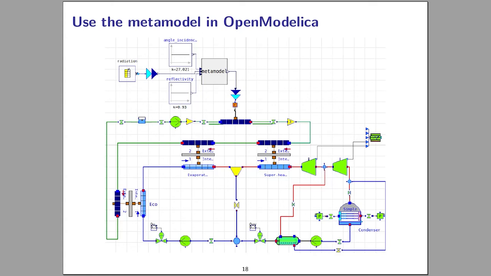And you can see on the top that the normal solar collectors have been replaced by the meta-model we just created before. So you can see here as input, we have the sun incidence angle, the reflectivity of the mirror, and the sun radiation. The incidence angle and the reflectivity are fixed, whereas the radiation evolves over time.